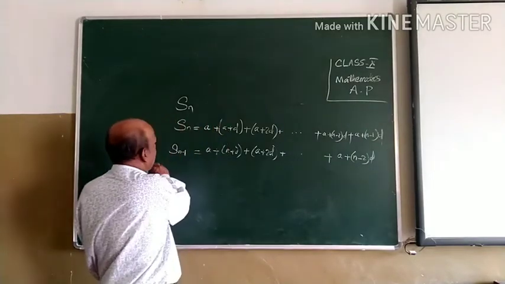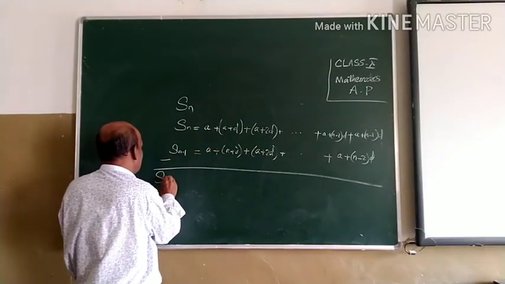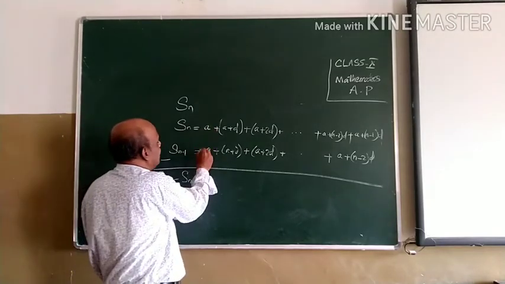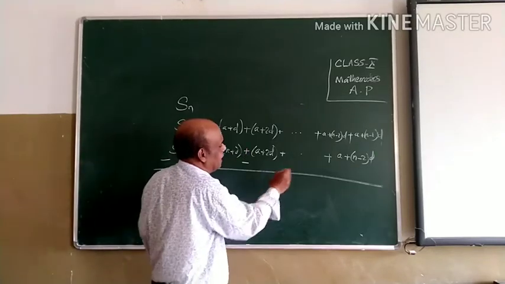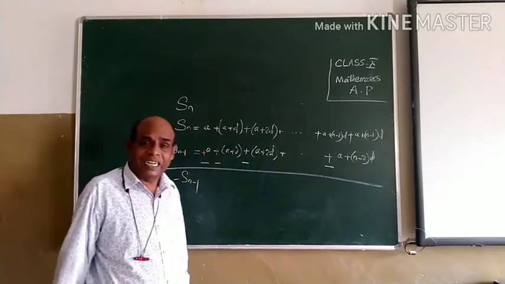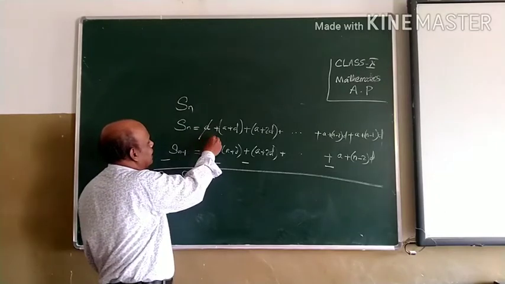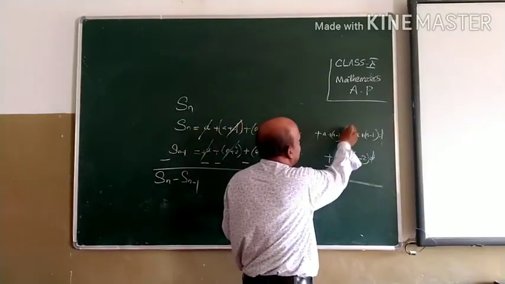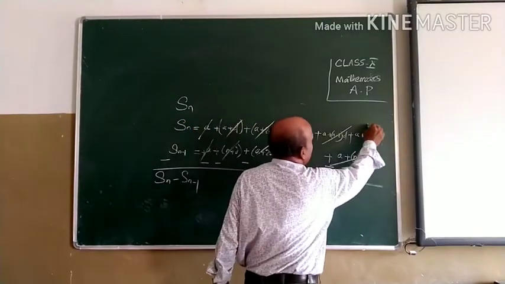So now you just subtract it. So I write Sn minus Sn minus 1. Whatever will be subtracted, those numbers will change their signs. So we will observe a cancels, this data will be cancelled, and also this data will be cancelled. So what will be left? Only this term will be left.